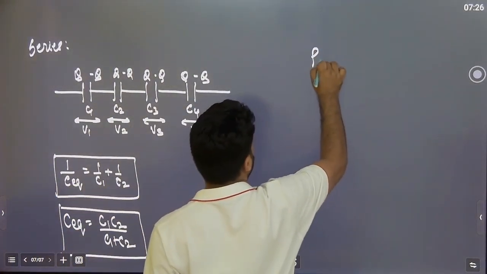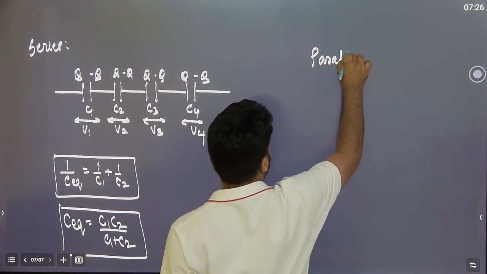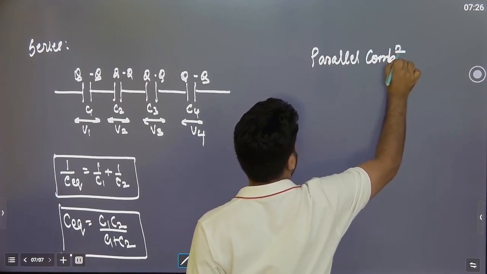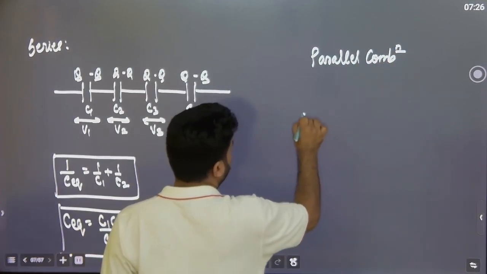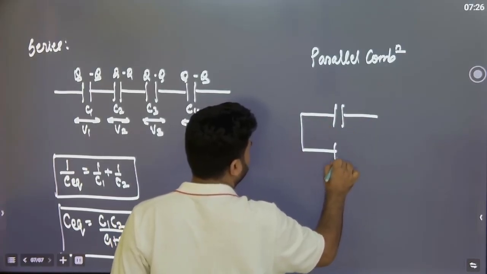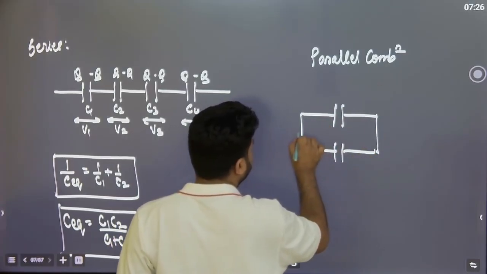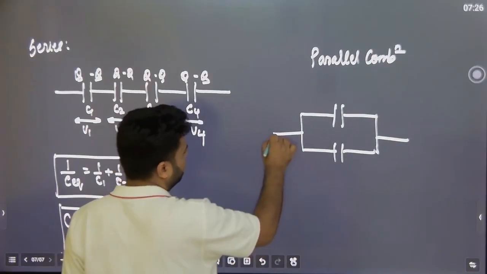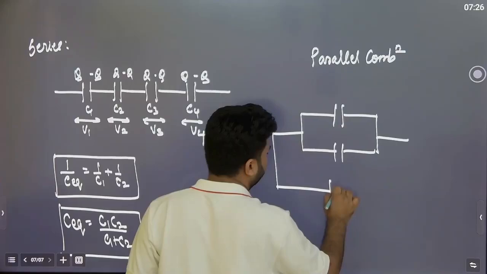Parallel combination. So like this capacitor and this capacitor, between same potential difference. You can see, suppose I connect like this, for example.